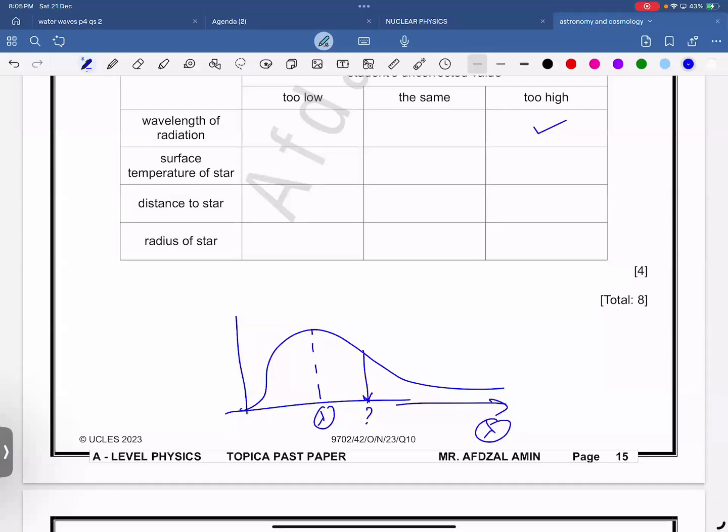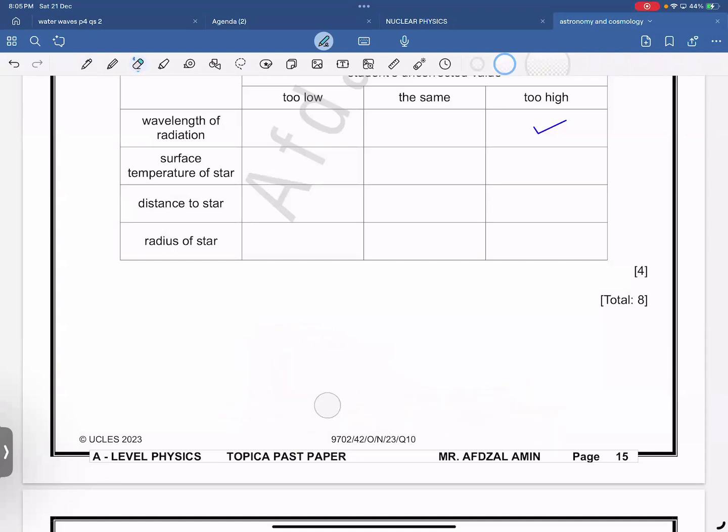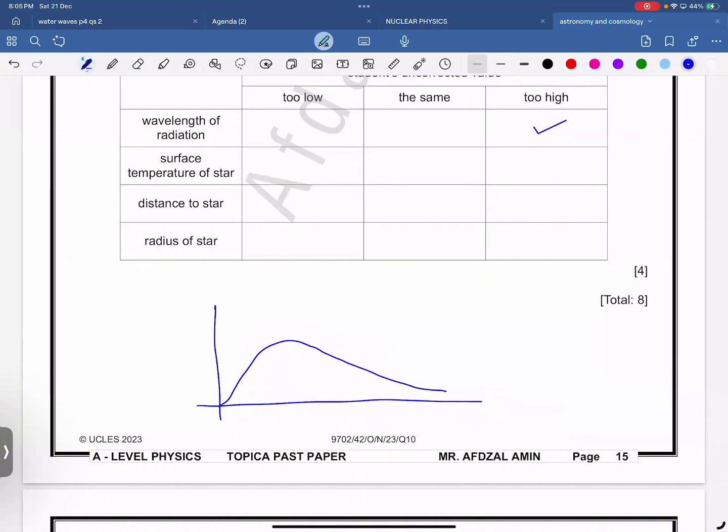The temperature will be high. You are mixing up, my dear. That's intensity. Wien's displacement law: if your wavelength is longer, let's make it a bit more neat and clean so that you can understand. Please pay attention, my dear. The peak wavelength was here.